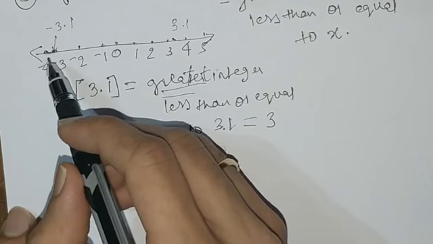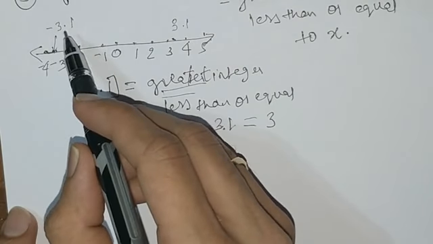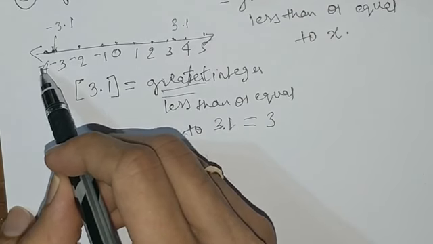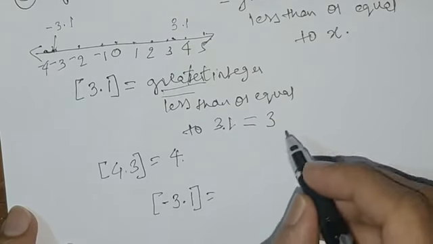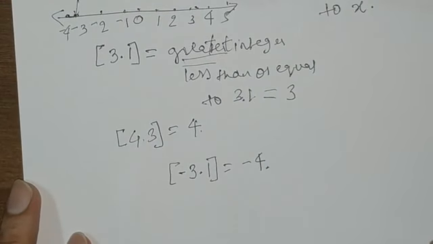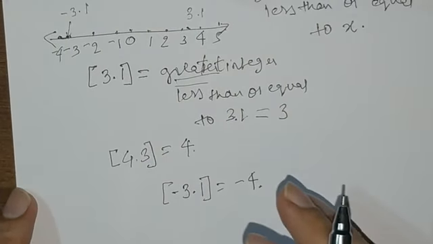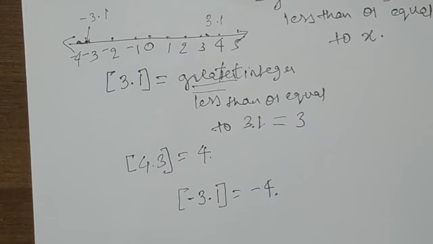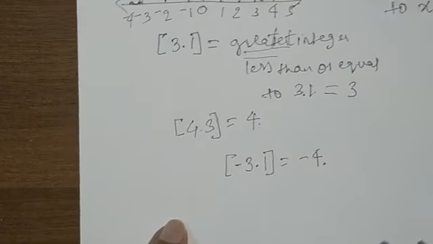So the greatest integer which is less than minus 3.1 will be minus 4, right? Like that you can find the greatest integer function of any element. So that is the function you have.